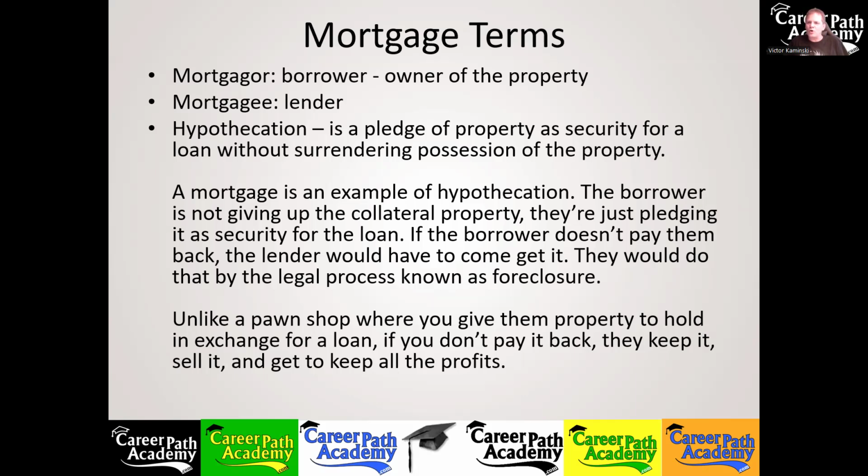And they hold on to that good, whatever that product is, until you come back and pay back the loan, and you have a deadline to do it. And if you don't, then they keep the item, sell it, and they keep the profits. That's how they make money. So real estate does not work like that. You're not giving up the property.